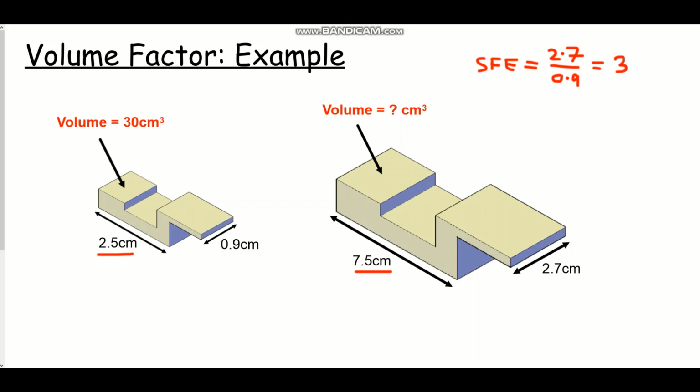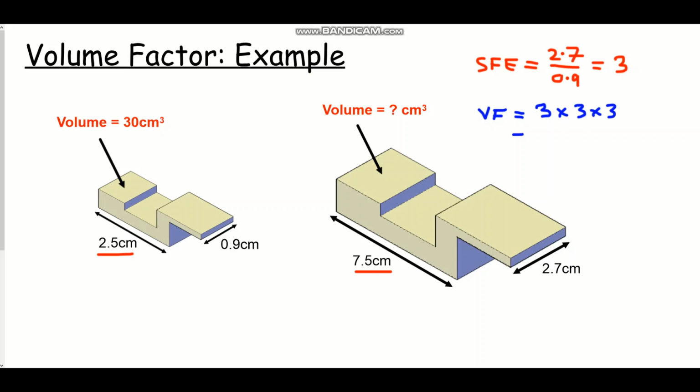Okay, next little bit, we're going to find our volume factor. So VF for volume factor, that's going to be our scale factor, which is 3 times 3 again, times 3 again.